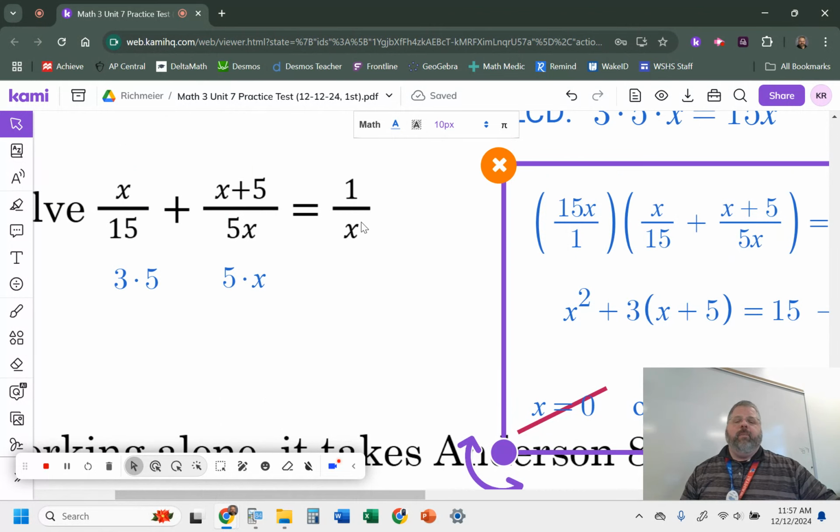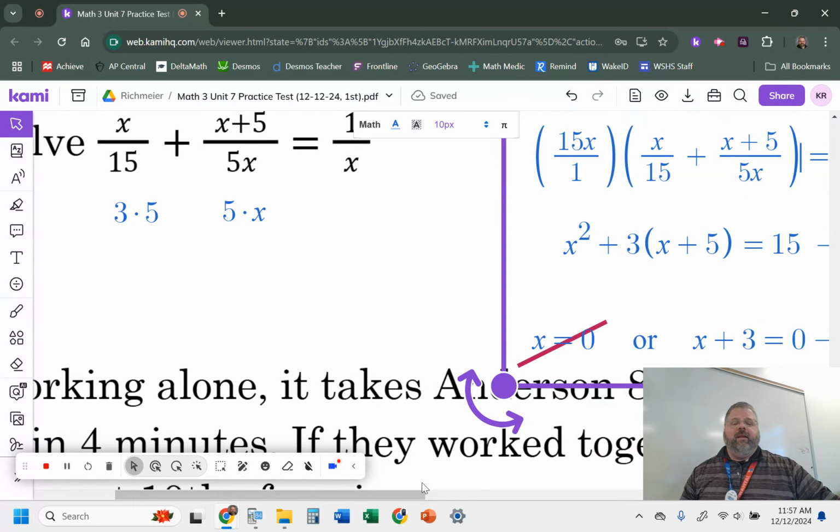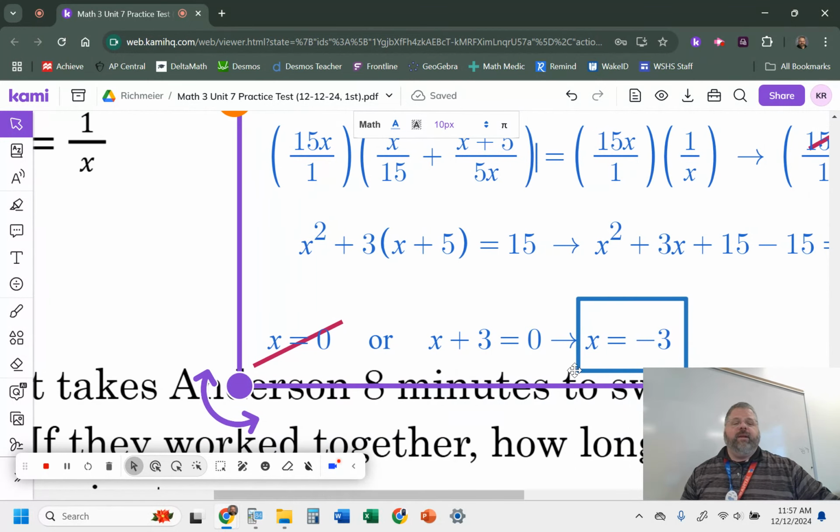And then here I would end up with a negative 1/3. So if I end up with negative 3/15 minus 2/15, that's going to be negative 5 over 15, which would be negative 1/3, which is what the right-hand side comes out to be. So I end up with a true statement, negative 1/3 is equal to negative 1/3, which means that the solution, x equals negative 3, is a valid solution.